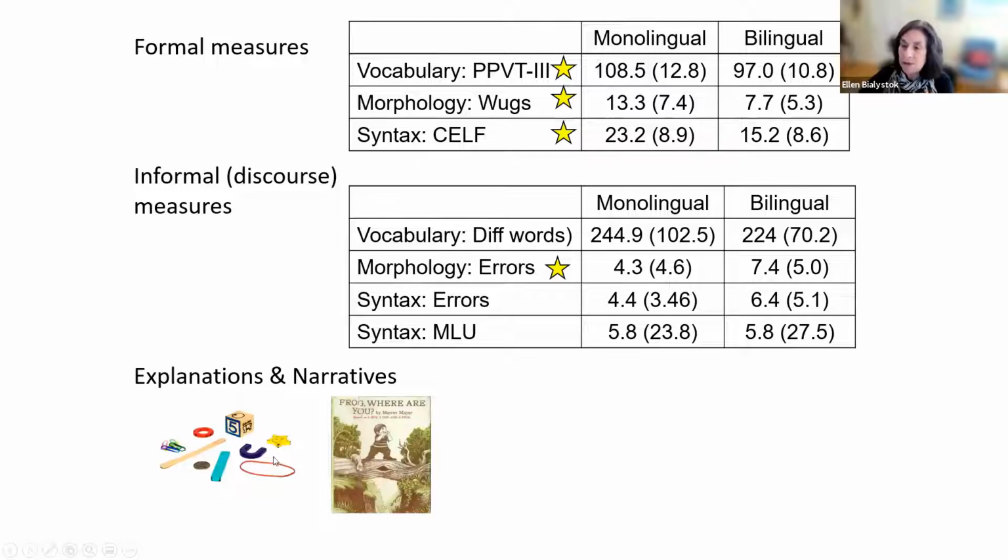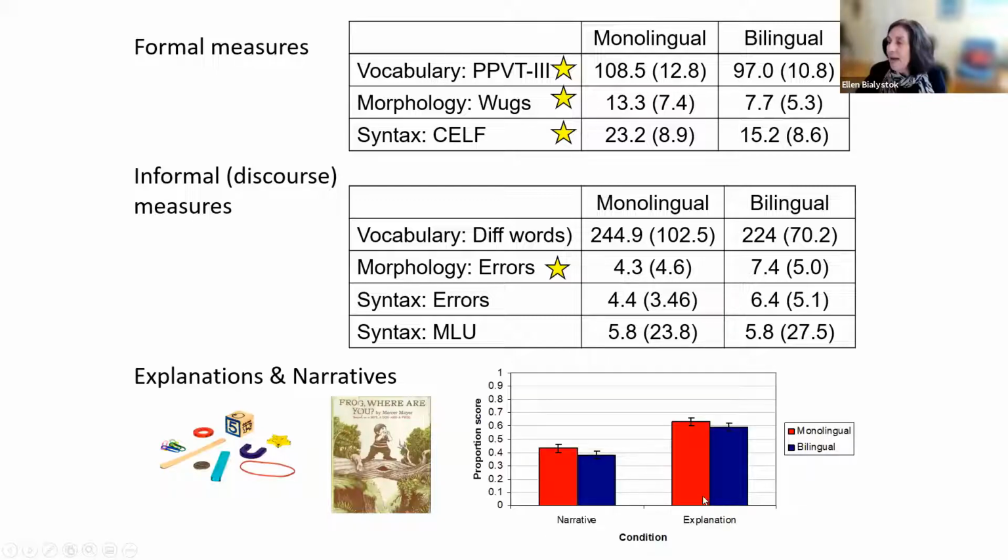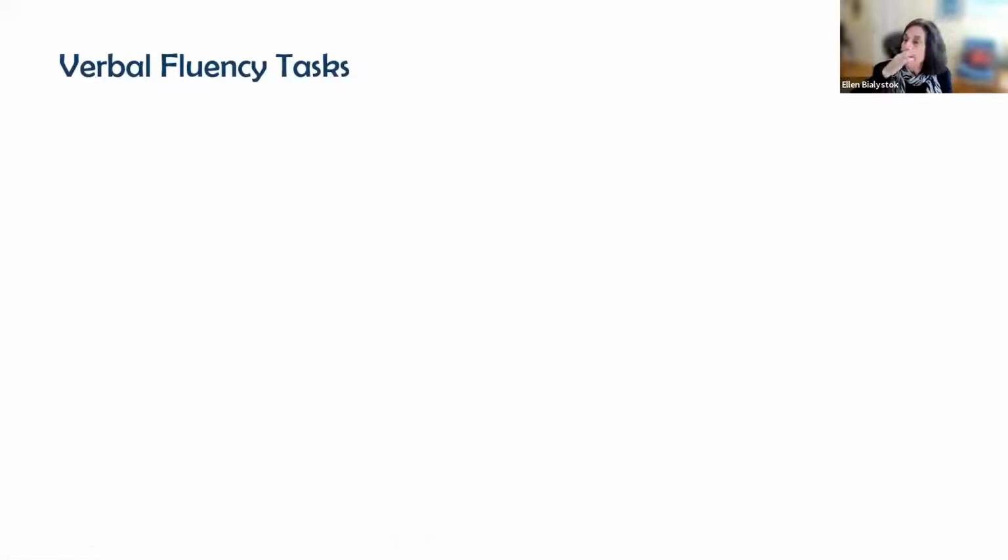We said, these are magnets, tell us what you're doing. Here's a wordless picture book, tell us the story. And on those measures, there were absolutely no differences. Their narratives for the monolingual and bilingual children were every bit as rich, and their explanations were every bit as good. So sure, they have smaller vocabulary, but they're doing just fine.